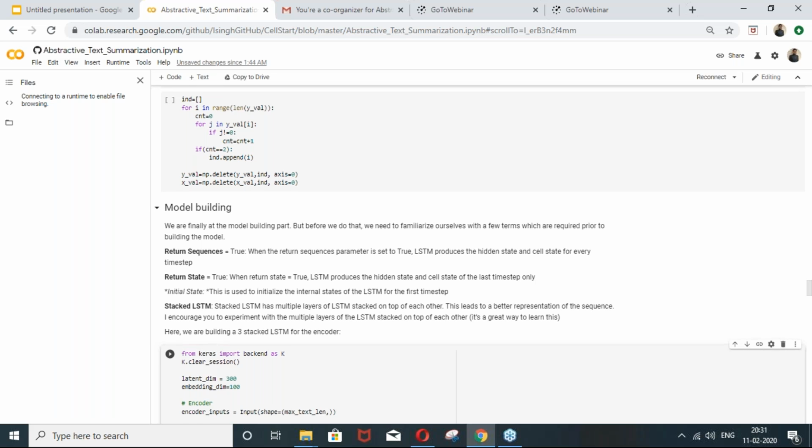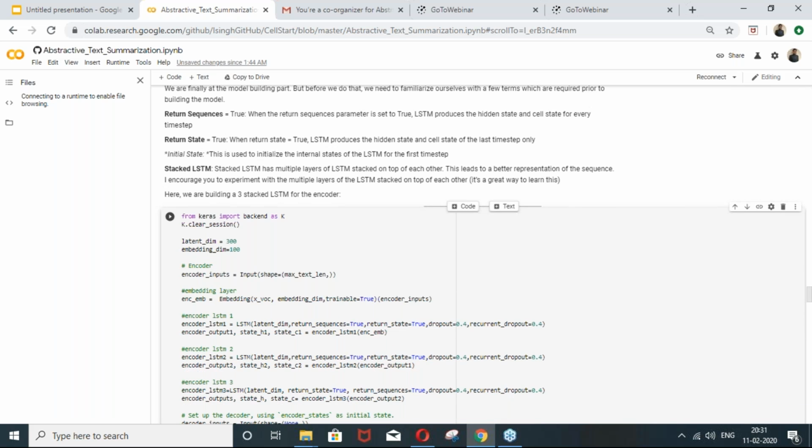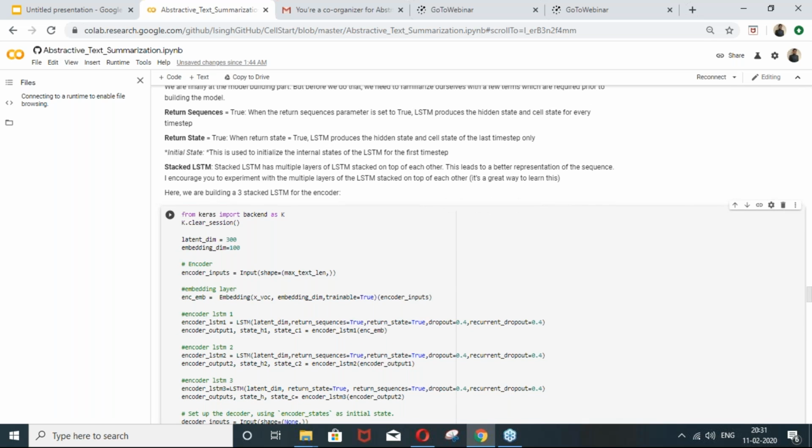You can see I am building 3 stacked LSTM layers for the encoder. You can use 4 or 5, but while increasing the layers of LSTM, make sure the output is getting better, which would be very good.